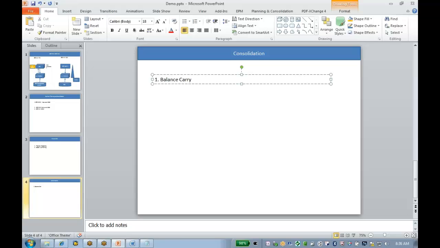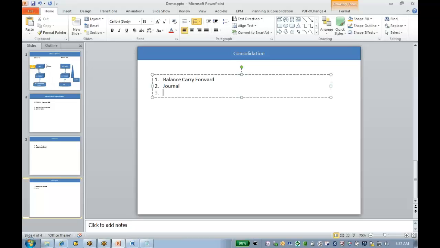Balance carry forward is basically a finance function, part of period and closing. You can carry forward this year or previous year closing balances to the next year's first month as opening balance. This functionality can be done using BPC consolidation. There is a functionality called journals. You can post some journals, which we call manual adjustments.